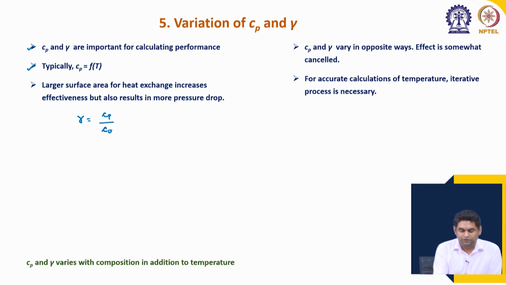We also know that R is the gas constant, R equal to Cp minus Cv, and gamma is Cp by Cv.